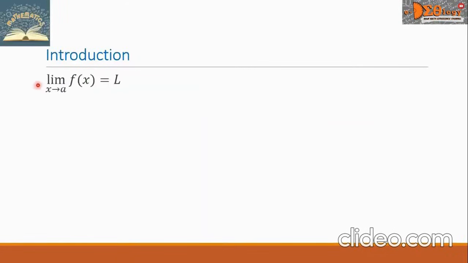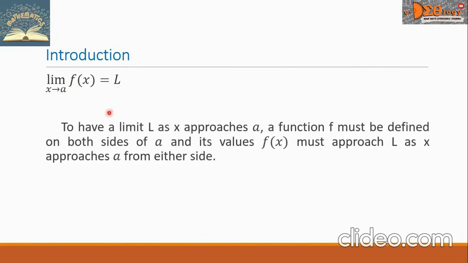Today we're going to study one-sided limits. We learned last time that this is the notation for limits. We read this as the limit of the function f of x as x approaches a equals the value L. To have a limit L as x approaches a, function f must be defined on both sides of a, and its values f of x must approach L as x approaches a from either side.